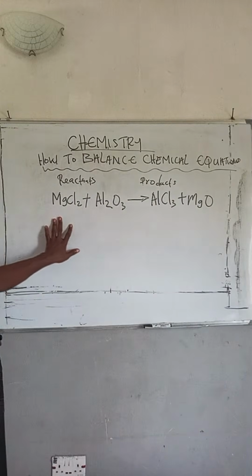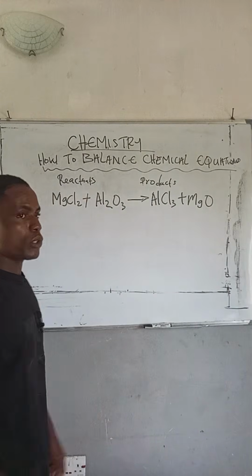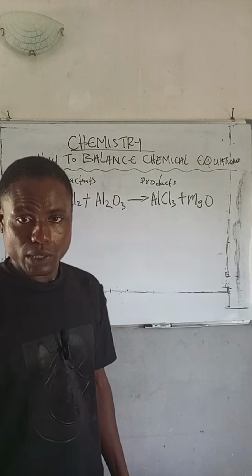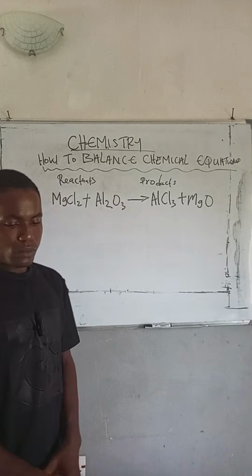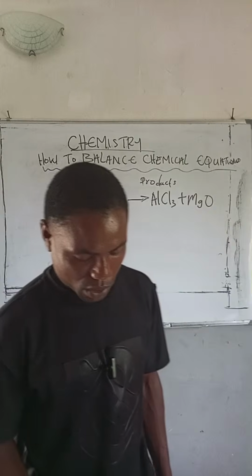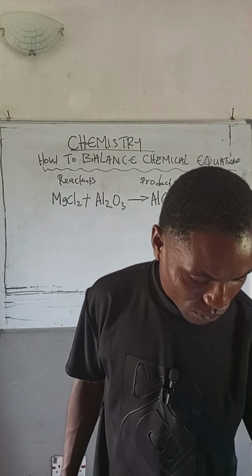So balance this one, snap it and drop it in the interacting group. Write it correctly, if you like, do mistake.